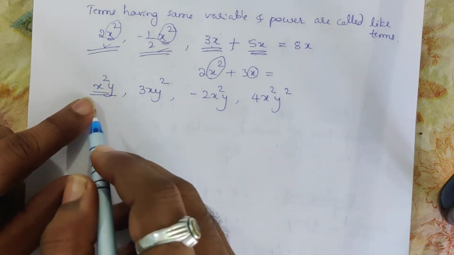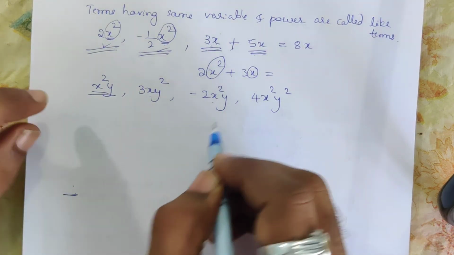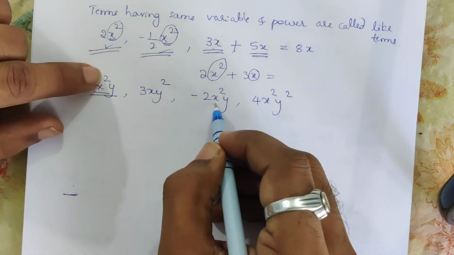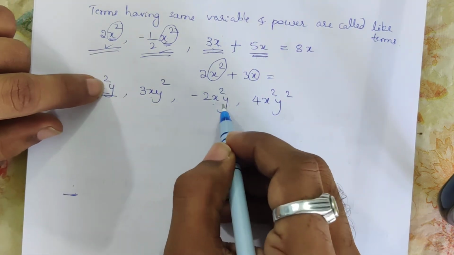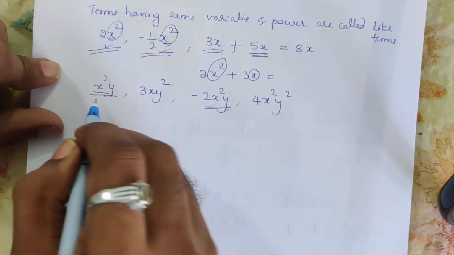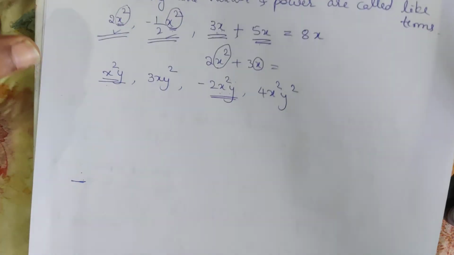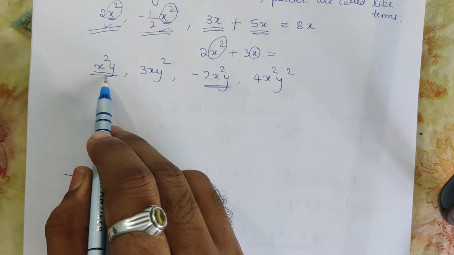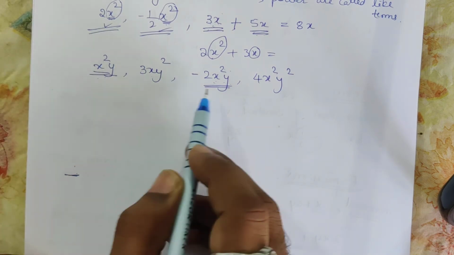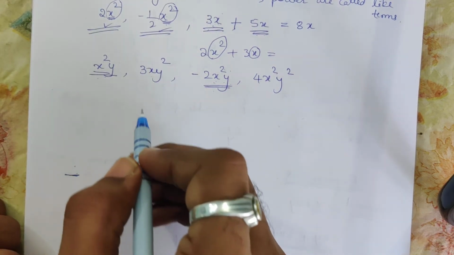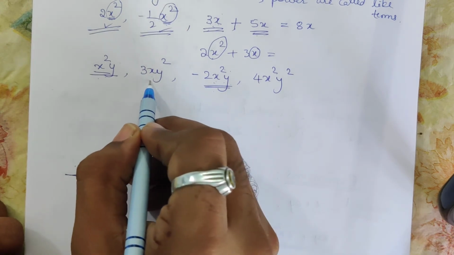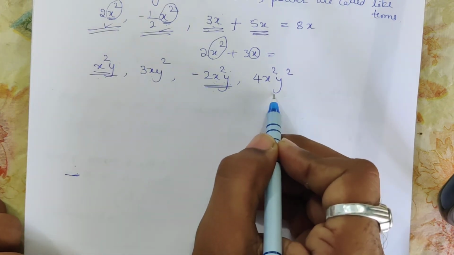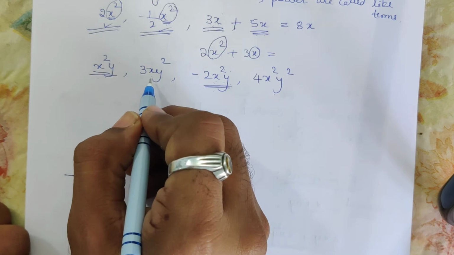So let's see the similar one. Here also you have xy, but look, here x square, here also x square, here y power 1, y power 1. That means this one and this one can be like terms. That means addition or subtraction is possible between these two. Don't think that this and this are again like, because once again you have to check.